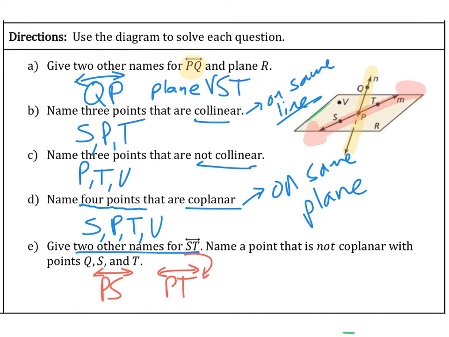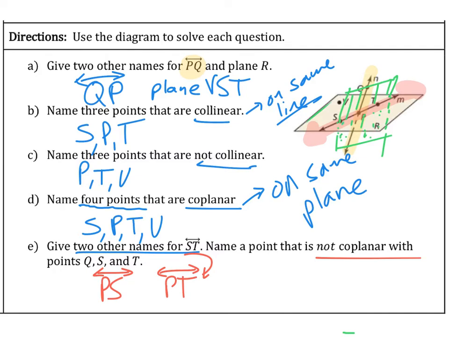Now name a point that is not coplanar with Q, S, and T. So kind of a different question here. So Q, S, and T are here. Well, wait a minute. They don't even look like they're on the same plane. But they actually are. Okay, there's a plane that kind of goes through here. Okay, imagine this piece of paper that kind of chops vertically through this flat plane.